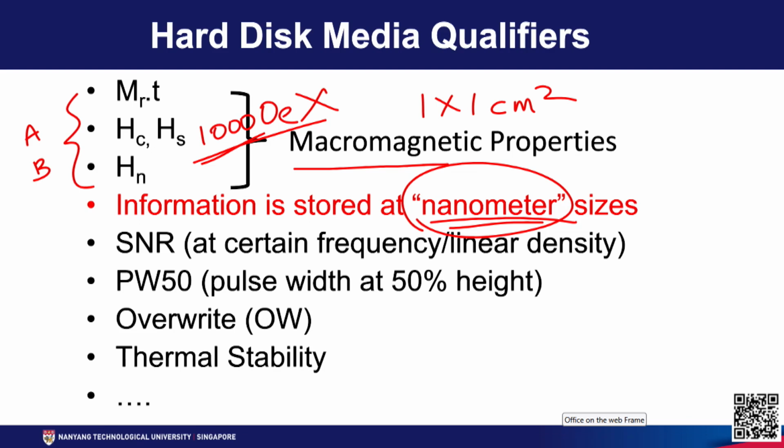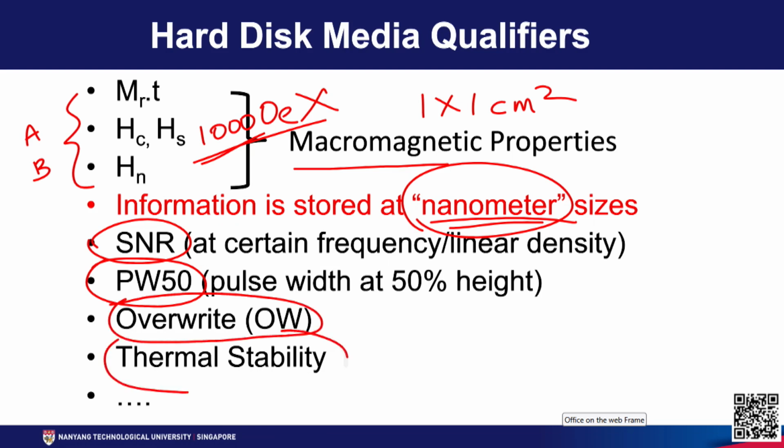So you can use this to screen, but these properties are not enough. The people who make hard disks look at more properties like signal to noise ratio, pulse width at 50% height, overwrite, and thermal stability. Many other criteria also need to be looked at if you want to ensure that the recording medium you designed works at high density.